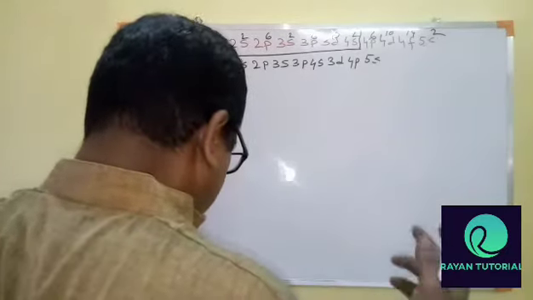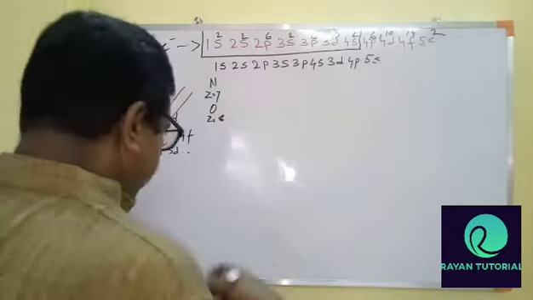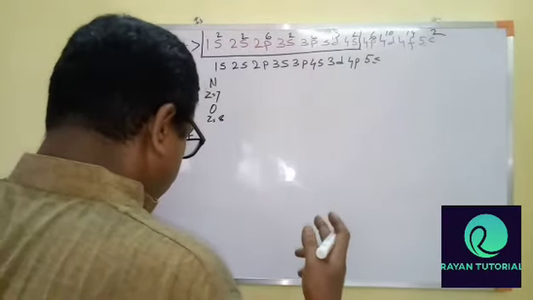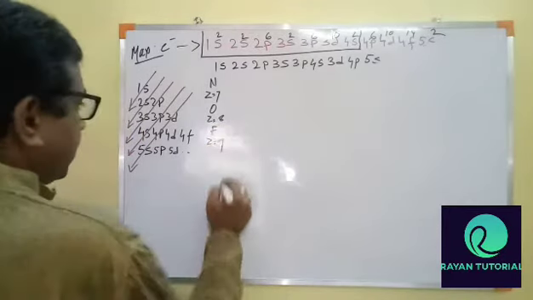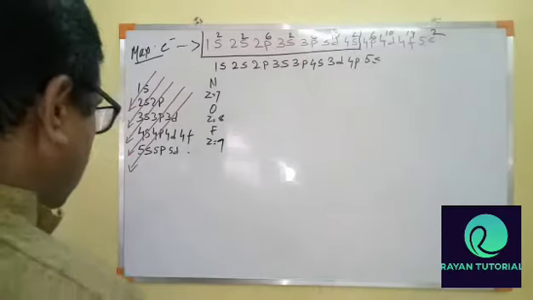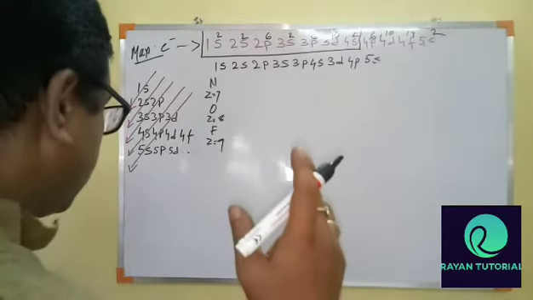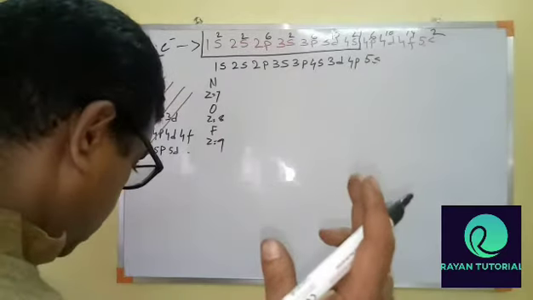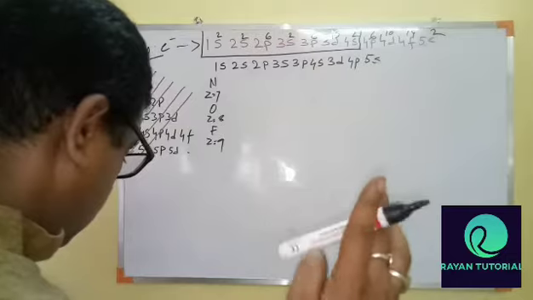Then oxygen, Z is 8. After oxygen, fluorine. Fluorine is Z 9. After fluorine, who is 10?